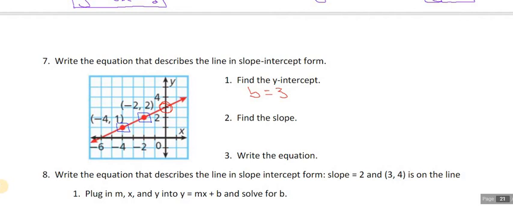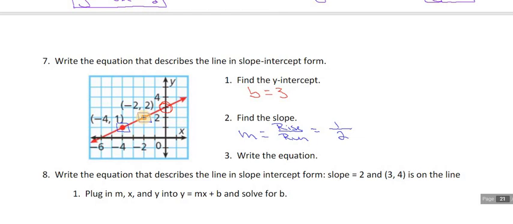So remember, m equals rise over run. So we want to rise first. So to go from left to right, I need to rise up 1 unit. So my rise is 1, positive 1, over. Now I need to turn the corner and travel to the right 2 units.